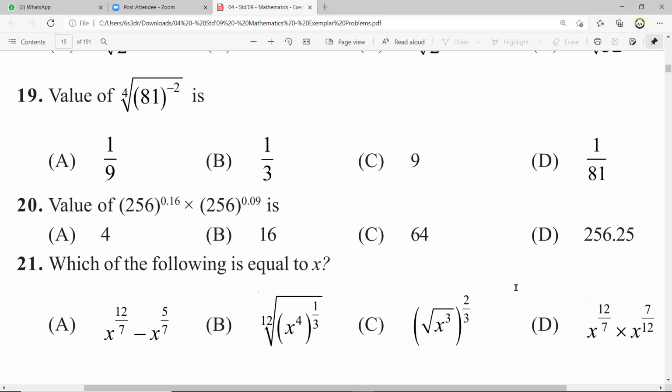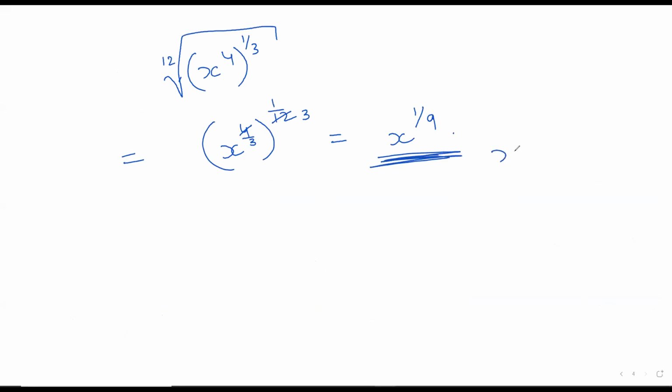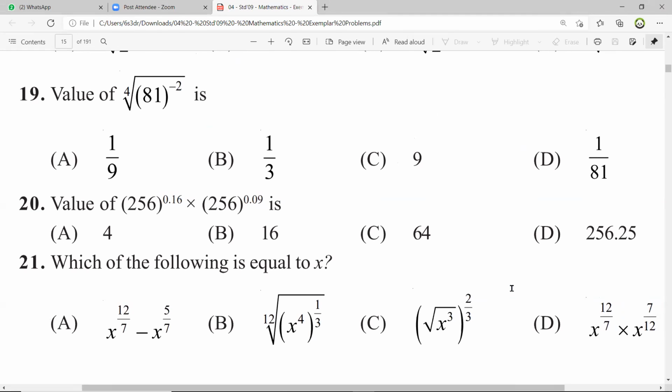See, what did we get after solving B? We got x to the power 1 by 9, but we need x. So it is not the right option. Option B is not the right option. Okay. Is it clear, Mridula? Yes, ma'am. Now we're taking a look at option C.